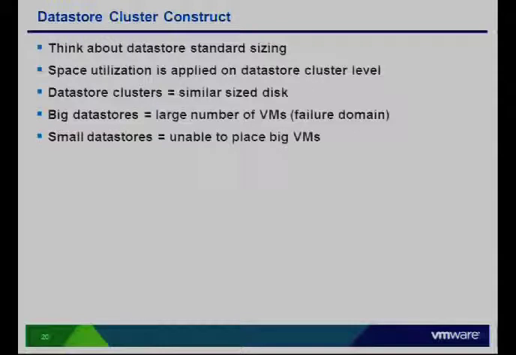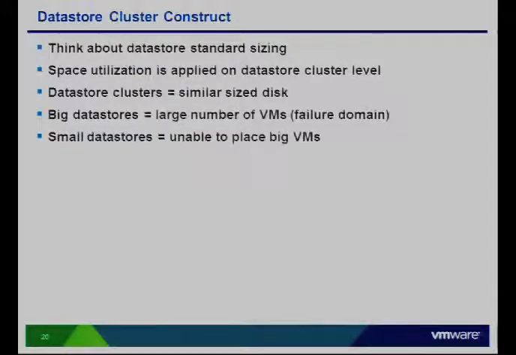I got the question, can I mix multiple sizes of data stores in one data store cluster? Technically you can, it's supported, but there comes a catch with it. So Frank told us about all the thresholds, like space avoidance threshold and the I/O load balancing thresholds. Now those thresholds are applied on the cluster level, not on the data store level.